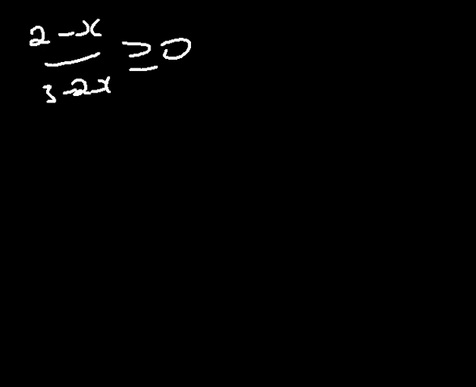And sometimes we may have a polynomial function in quotient form. Let's say we have 2 minus x over 3 minus 2x, greater than or equal to 0. What is the solution for this case?